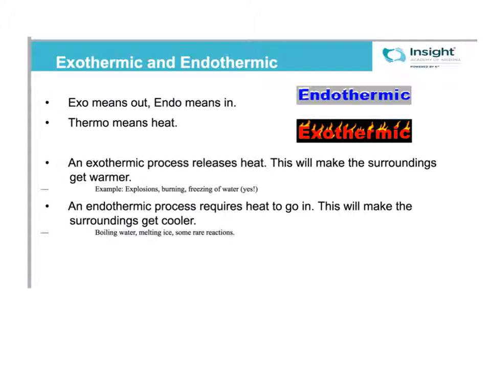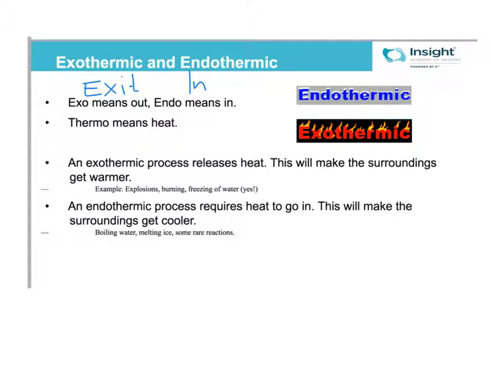I remember exo meaning out because exo sounds a lot like the beginning of exit. And endo, the beginning of it sounds like in. And thermo means heat. So heat is either exiting, exothermic, or entering, endothermic.